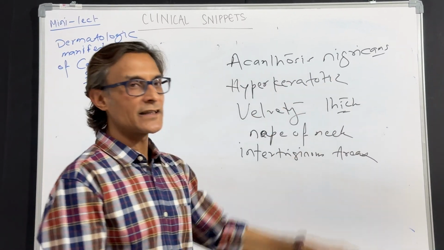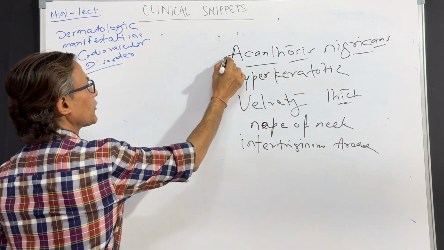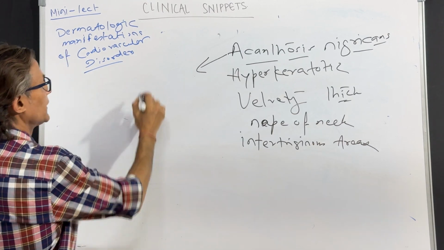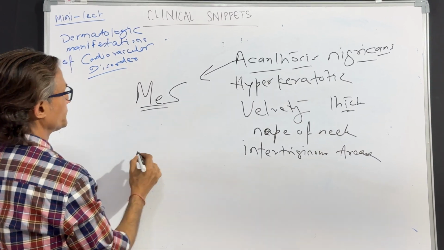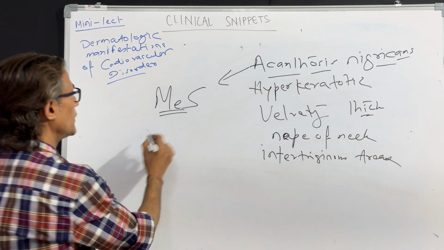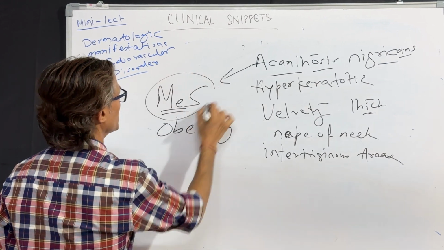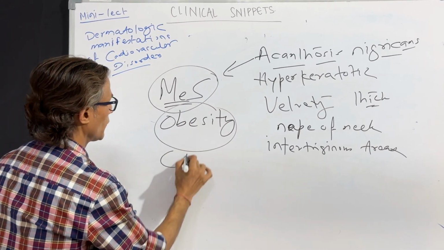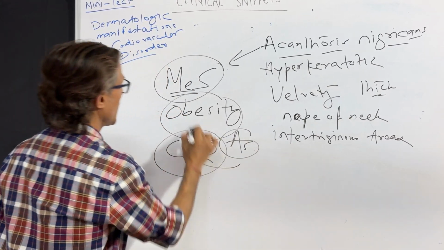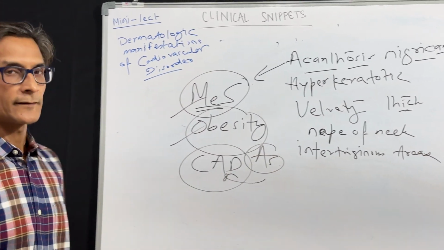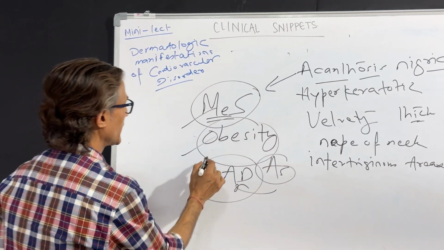That is acanthosis nigricans. Usually when you talk of cardiovascular conditions, acanthosis nigricans is equal to metabolic syndrome, is equal to obesity. Metabolic syndrome, obesity, coronary artery disease, atherosclerosis, coronary artery disease, metabolic syndrome, obesity. All these things are interrelated.